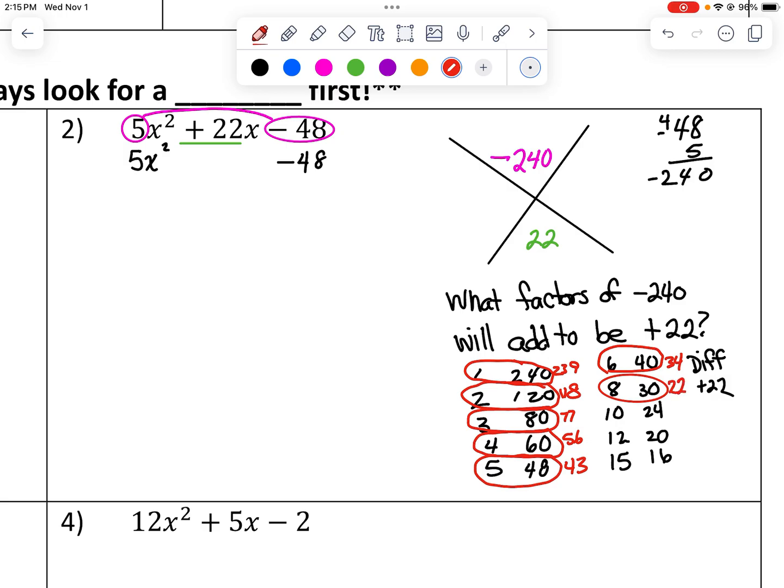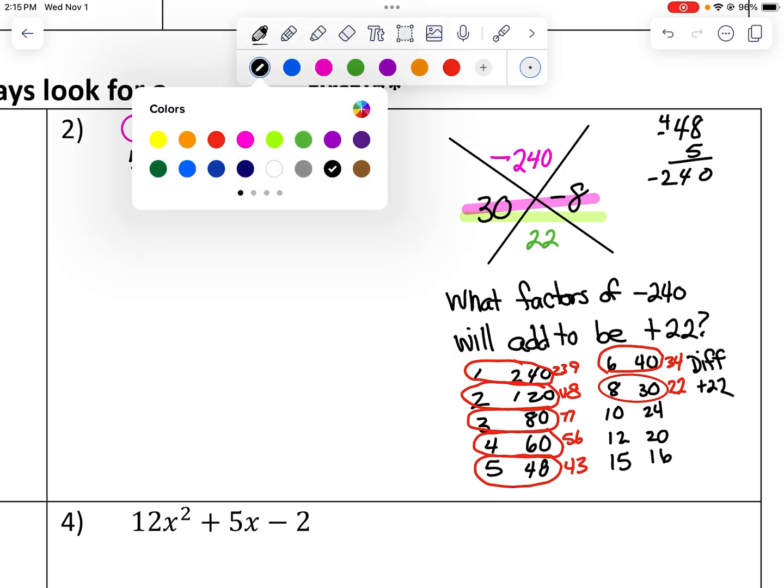So I want 30 and 8, and I need the 8 to be negative, because if I multiply these together, I get negative 240, but if I add them together, I get positive 22. So that's what I want: the 30 and the negative 8.